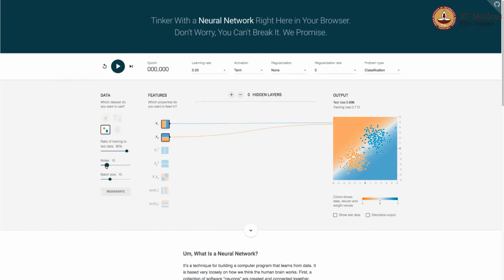Now if you change the noise setting, you can see that some points from the blue class are crossing over to the red class as we increase the noise. So if I make the noise, let's say, 45%, you can see that some blues and oranges have crossed over. You can also look at the test data and see how these points are scattered across the decision boundary.